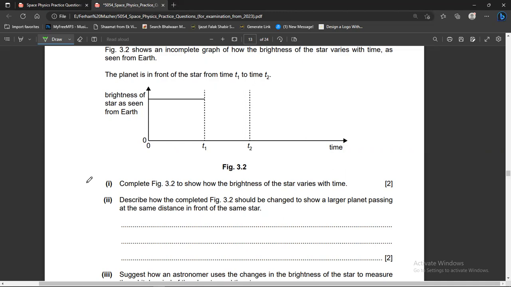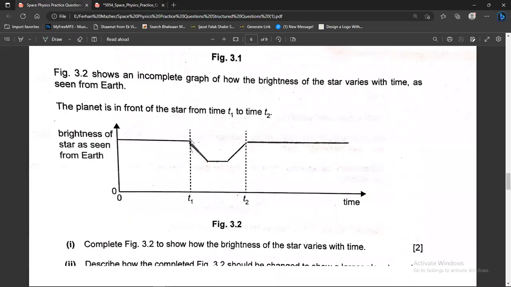So complete figure 3.2 to show how the brightness of the star varies with time. At T1 the brightness will drop, then the brightness will become constant. It will not go down to zero. Then it will start rising, and then again it will become normal as before T1. So this is the graph which you have to draw.